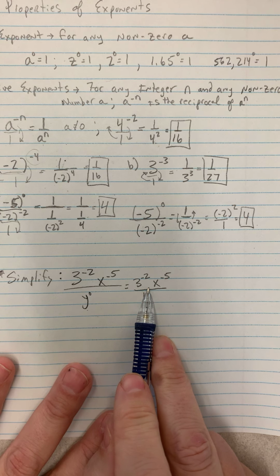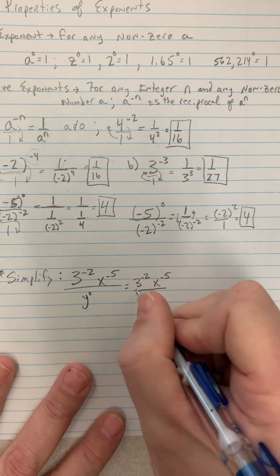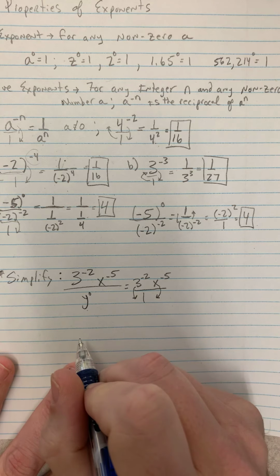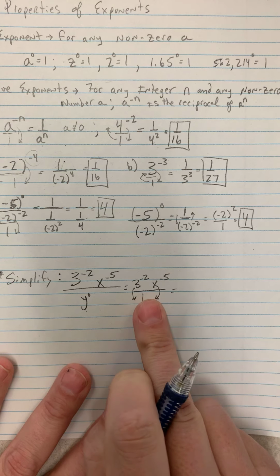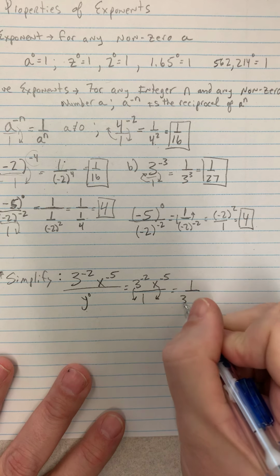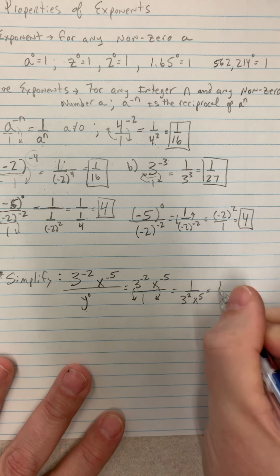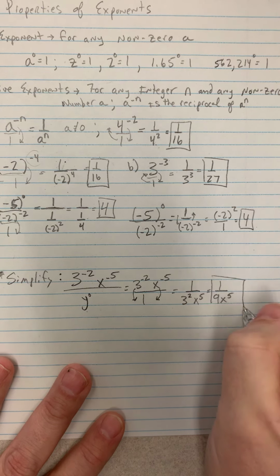There's multiplication between them. They both have negative exponents though, so they both need to come down. This is going to get flipped. By flipping this, or taking the reciprocal, I get rid of those negative exponents. 1 over 3 squared x to the 5th, 1 over 9 x to the 5th.